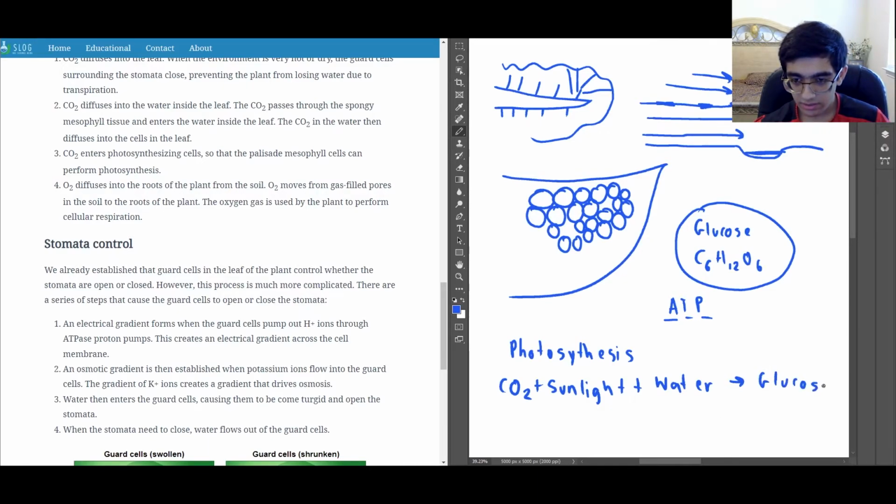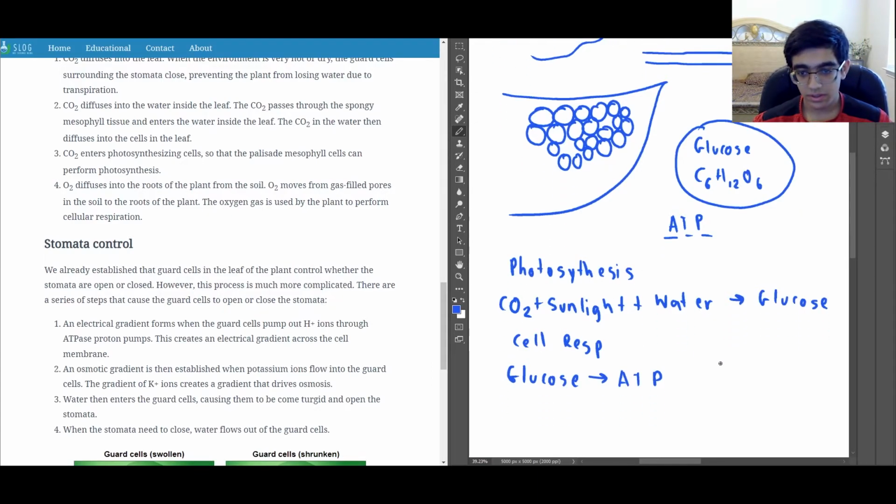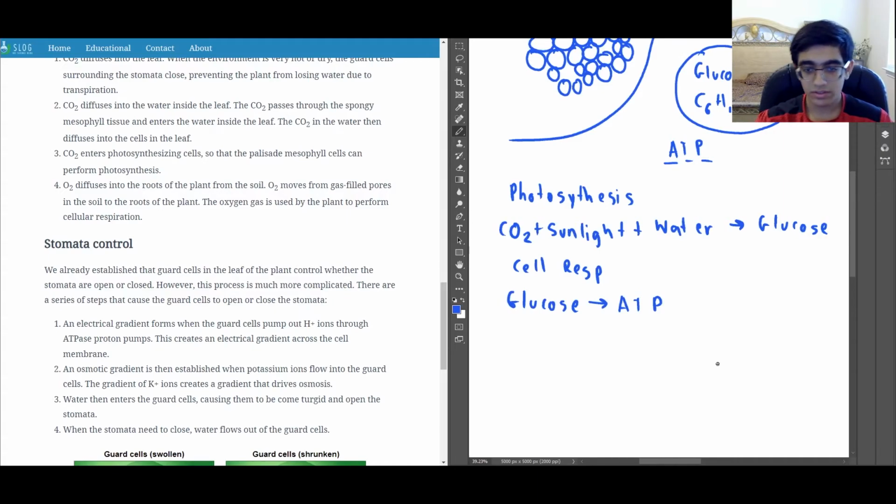And then, in cellular respiration, this glucose is used to create ATP. And so in this way, the plant can generate its own food. Unlike plants, we humans cannot do photosynthesis, and we can only do cell respiration. So the only way we can get glucose is by eating other plants or animals.